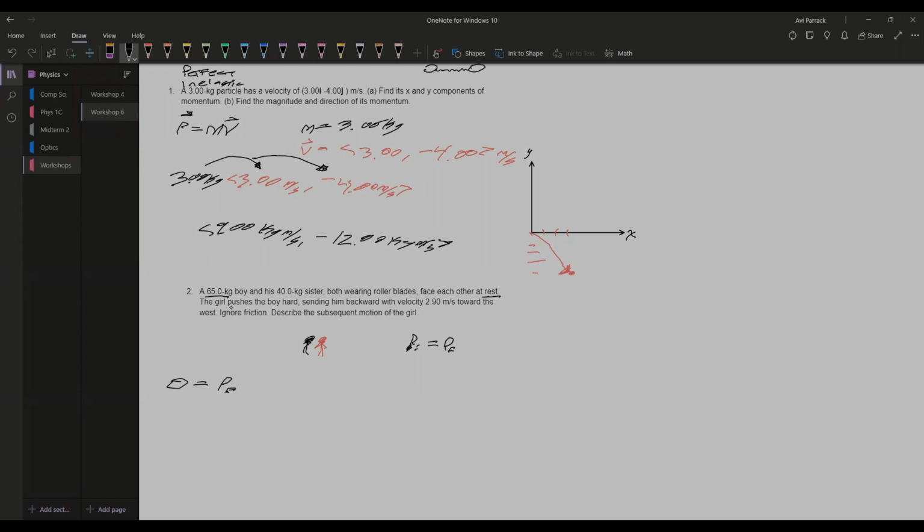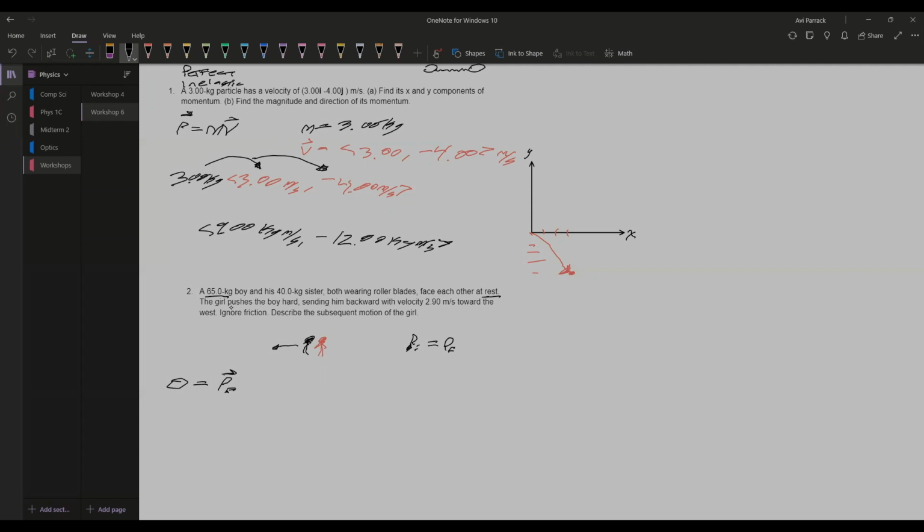Okay. Now, does that mean that nothing happens? Does that mean that there's no motion whatsoever? No, that's not what that means. It means that, remember, this is a vector quantity. It means that the momentum must cancel out such that it is equal to 0. We would expect the boy to be pushed in this direction.